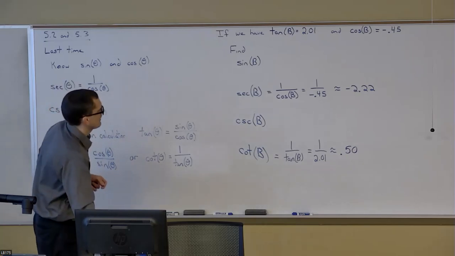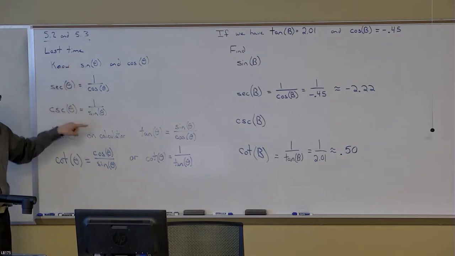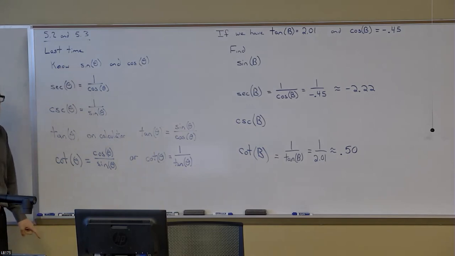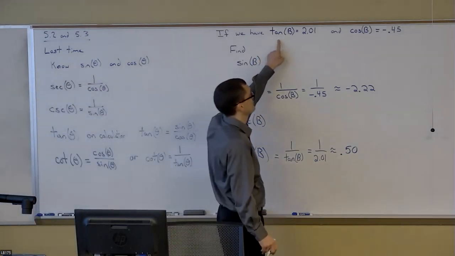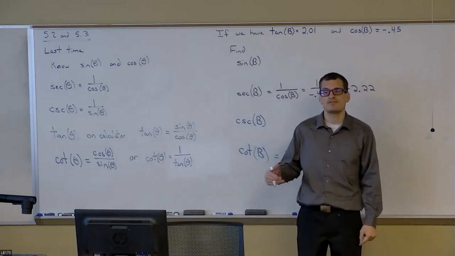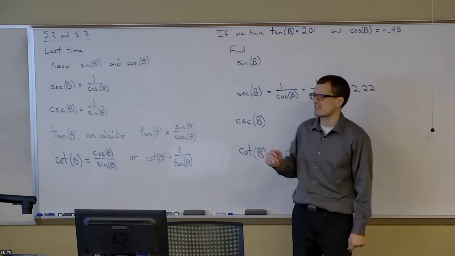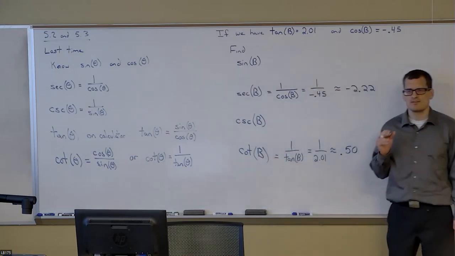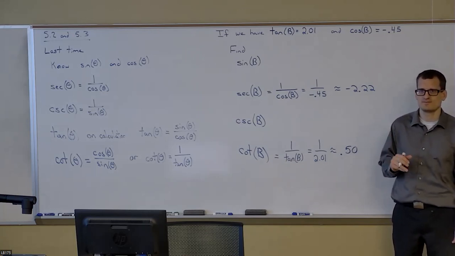Now, these other two, the sine and the cosecant. And cosecant is just 1 over sine. So let's focus on the sine for this case. I have a tangent and a cosine, excuse me, and I need to find sine.